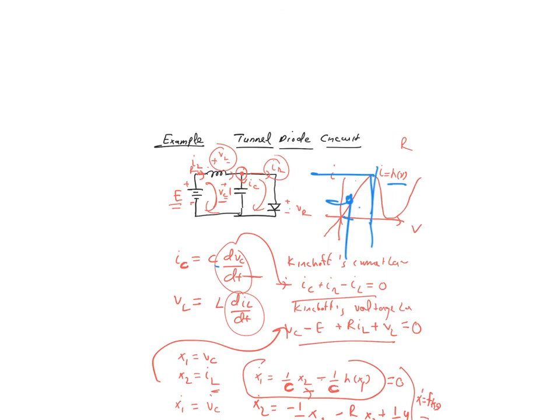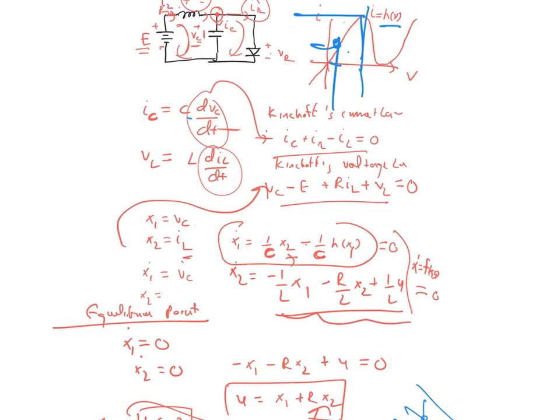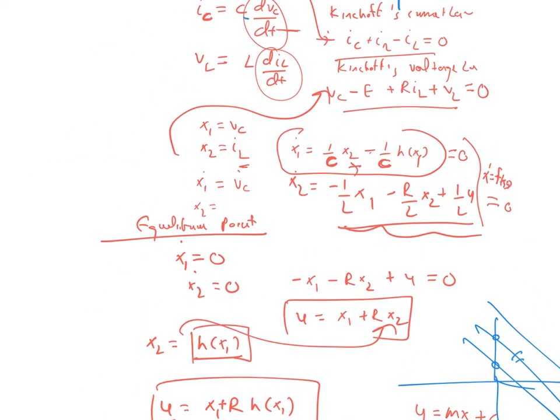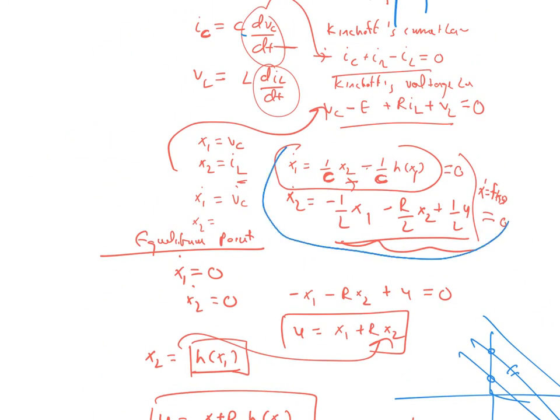What are these here? These are first order differential equations, right? To simulate or to get x1 of t or x2 of t, you're solving the ordinary differential equations, right?